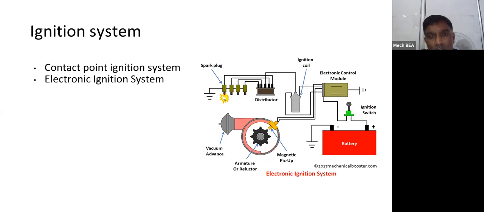At the spark plugs, there will be a spark as per the firing order. As 4 spark plugs are there, there will be 4 cylinders. Based on this distributor, the spark is provided in the engine chamber. So this is a brief about the ignition system.